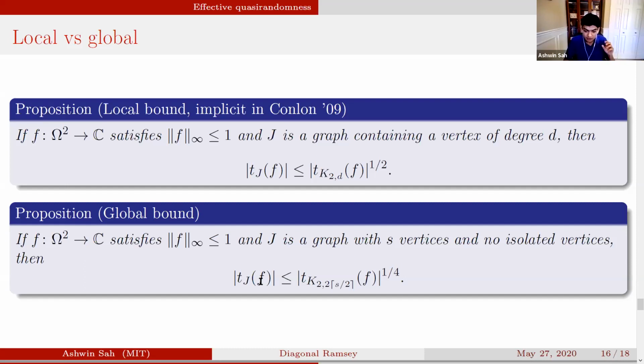And so all of the contribution to this graph density is going to come from when all of the vertices are in the same box. The quasi-randomness is only going to remember the number of vertices here in this very extreme case.